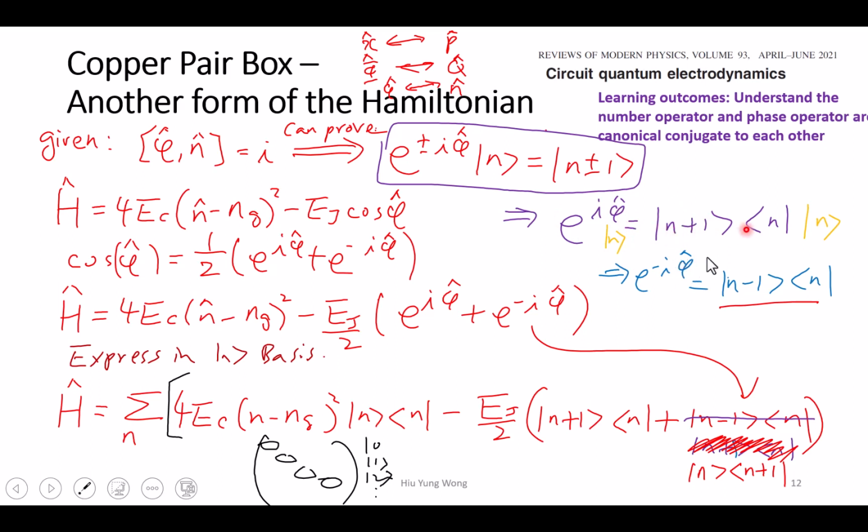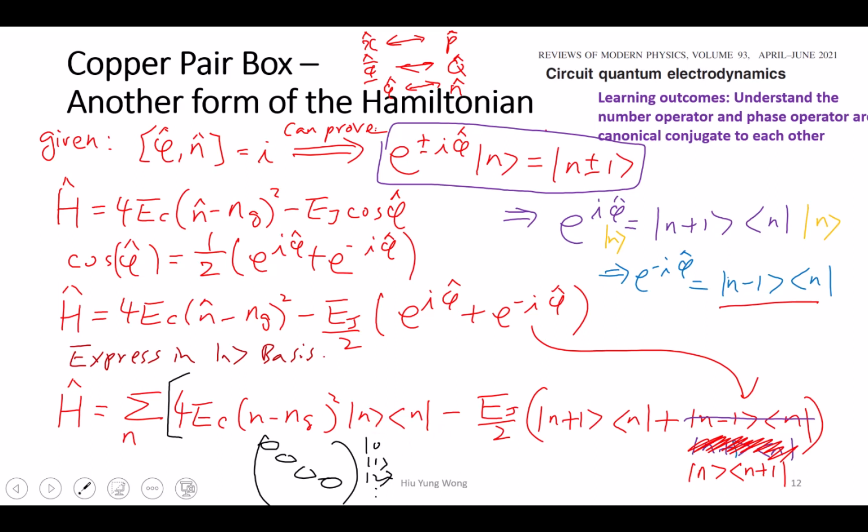So this is a way to write it, and similarly for negative i phi. Why do I want to go through this? Because now I want to expand cosine phi as the average of these two terms, and then with this I will be able to write it down in matrix form.